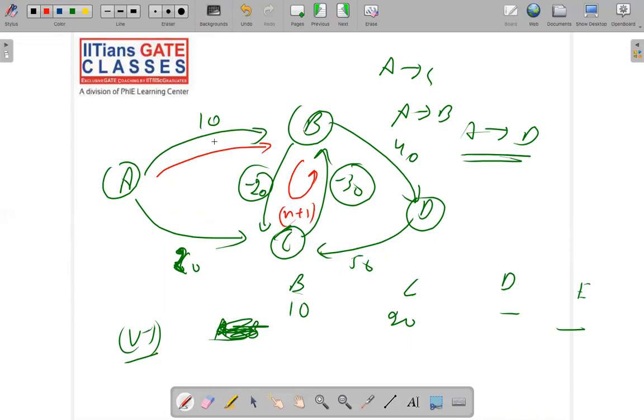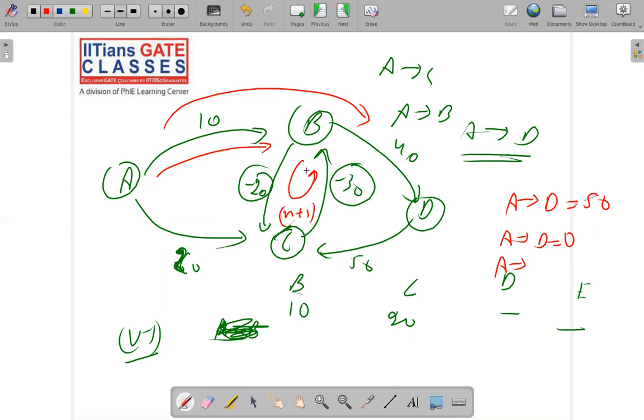Let me give you an example. For example, you are going to D without iteration, simply like this. So A to D will be 50. Now let's iterate it once. A to D will be 10 plus minus 20 plus minus 30 plus 40, which will be 0.